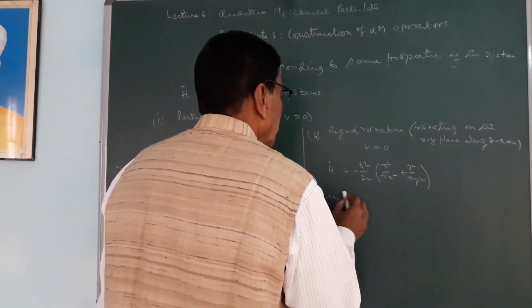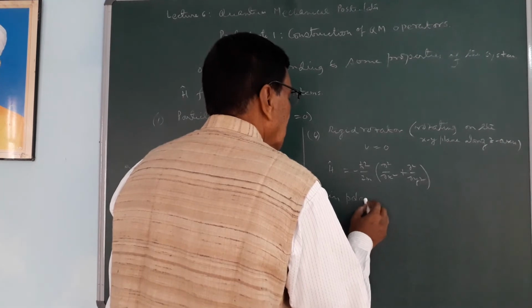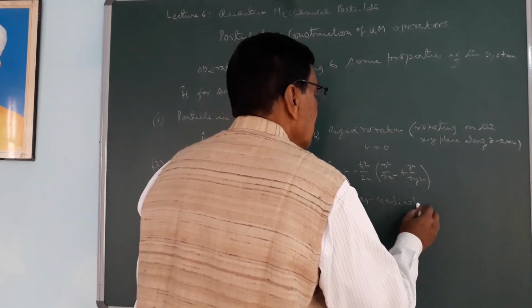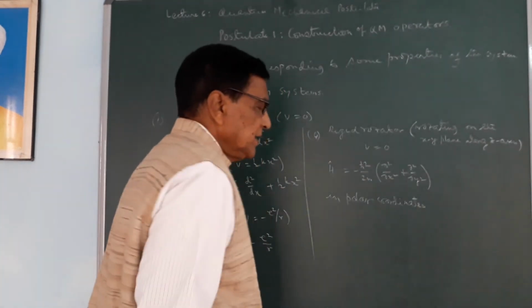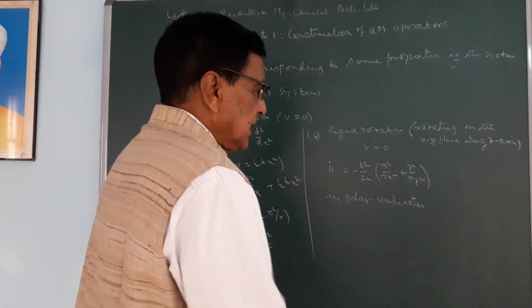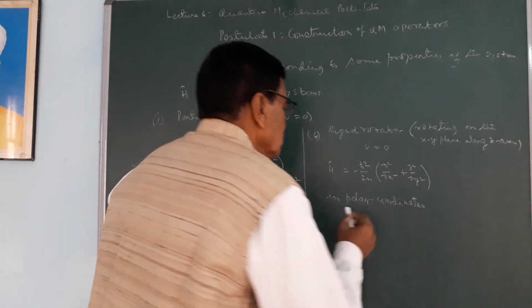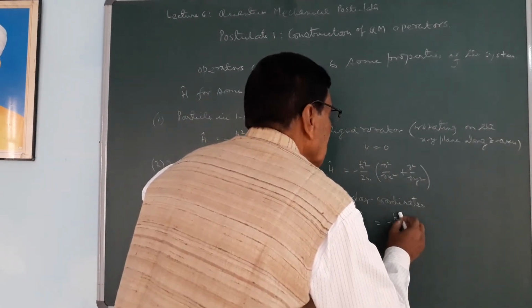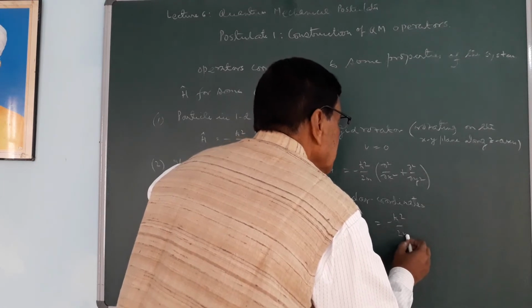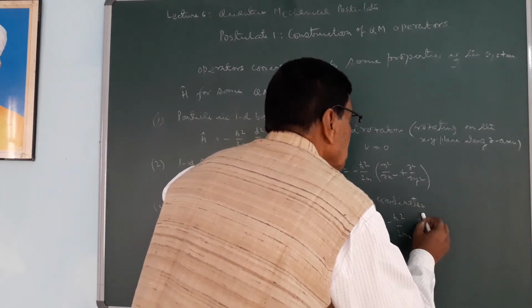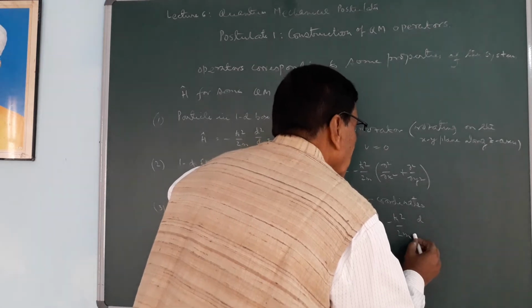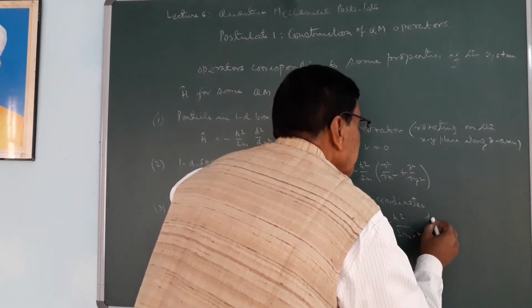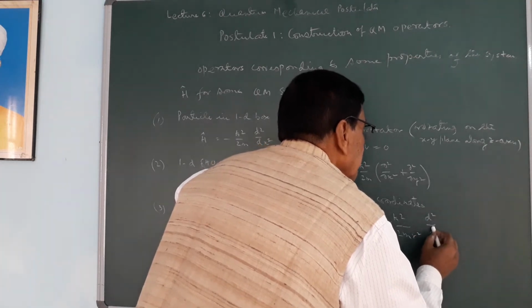In polar coordinates, only the horizontal angle is changing. So H cap is equal to minus h cross square divided by twice m r square, and it is d2 by d phi square.